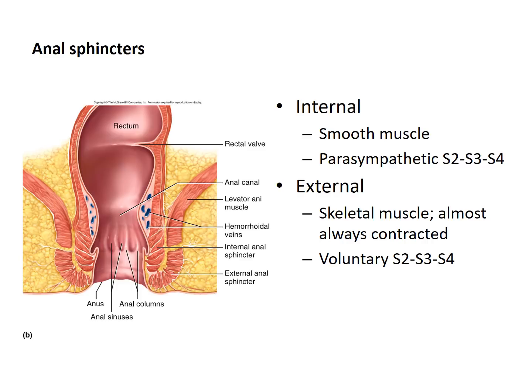And then we have an external sphincter, which is made up of skeletal muscle that is voluntarily controlled. That is not autonomic, that is somatic nervous system, again voluntary muscle control, but that innervation also comes from sacral 2, 3, and 4.